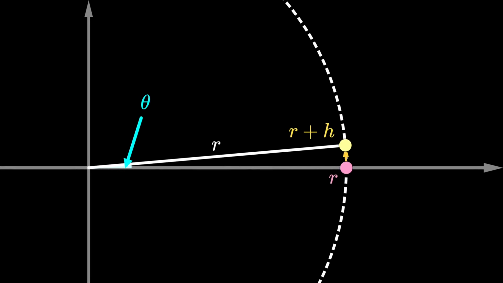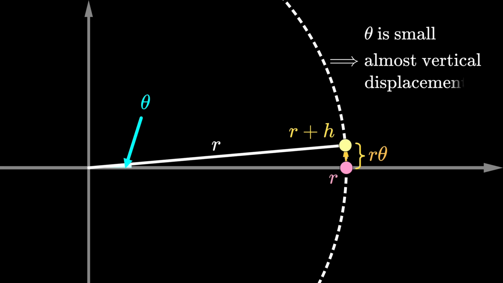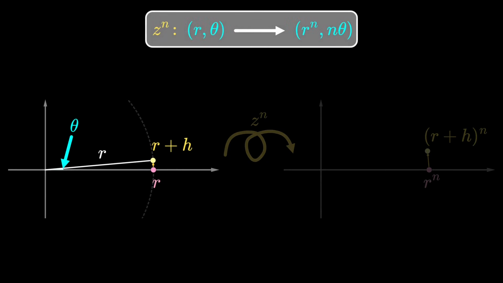First, this is a circular arc with radius r and subtends an angle of θ, so the length of the arc is rθ. Second, since we are only taking a small angle θ, the displacement from r is pointing almost vertically up. We cleverly chose the displacement to be vertically up with a length of rθ away from the real axis.